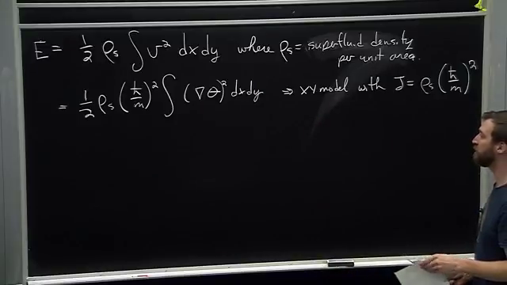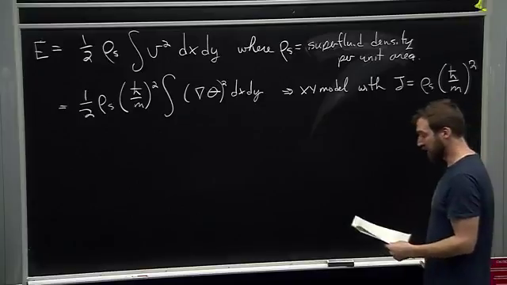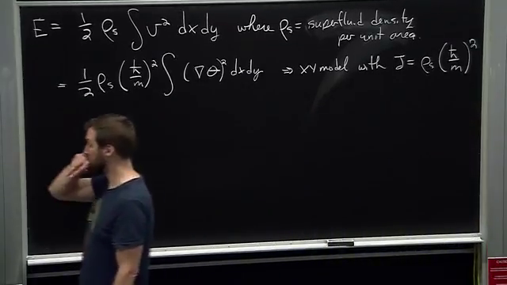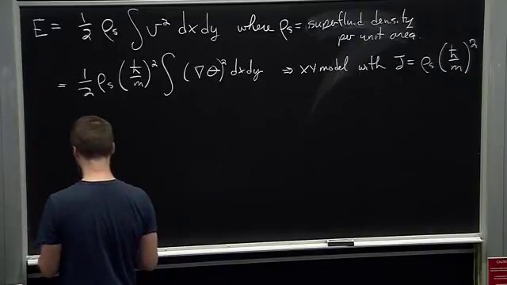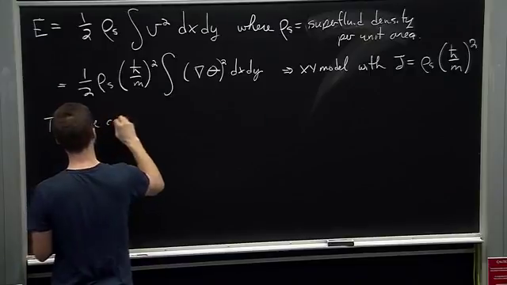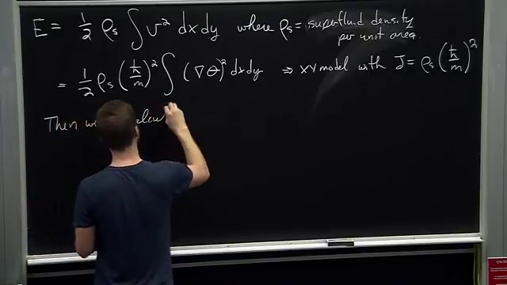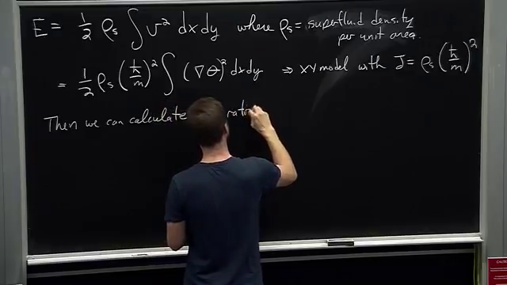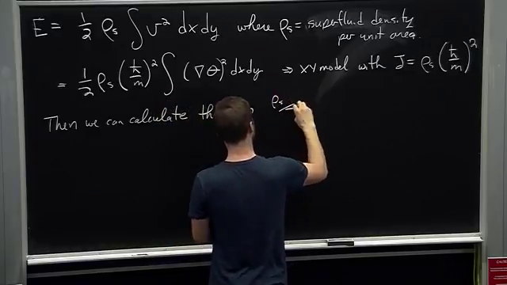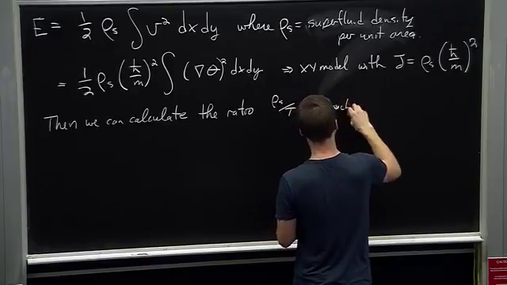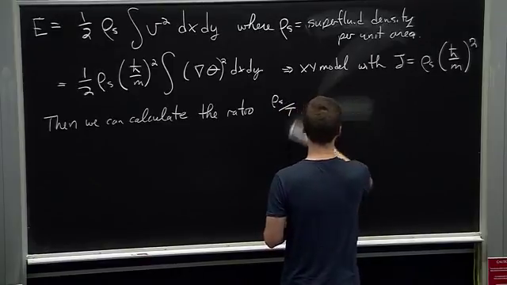So that's it. So then we can calculate the ratio of the superfluid density to temperature as we approach the Kosterlitz-Thouless transition, so strictly at T_KT.